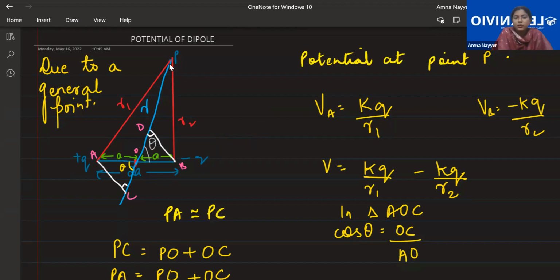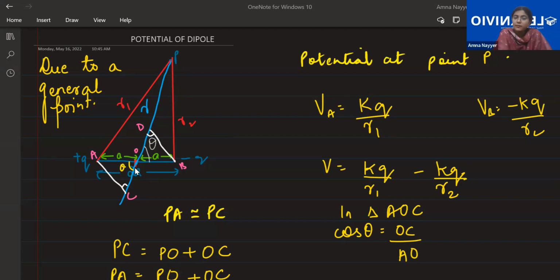Now class, what did we do in this smaller triangle, AOC? We took AC as the perpendicular and got our cos theta. Since this is theta, this will also be theta.